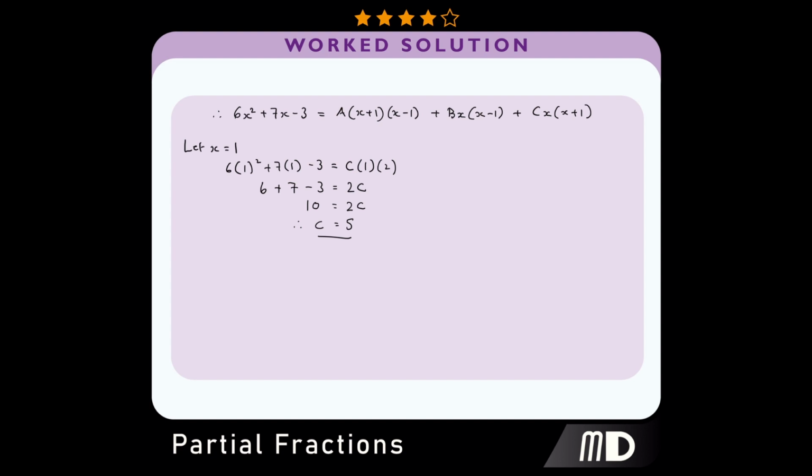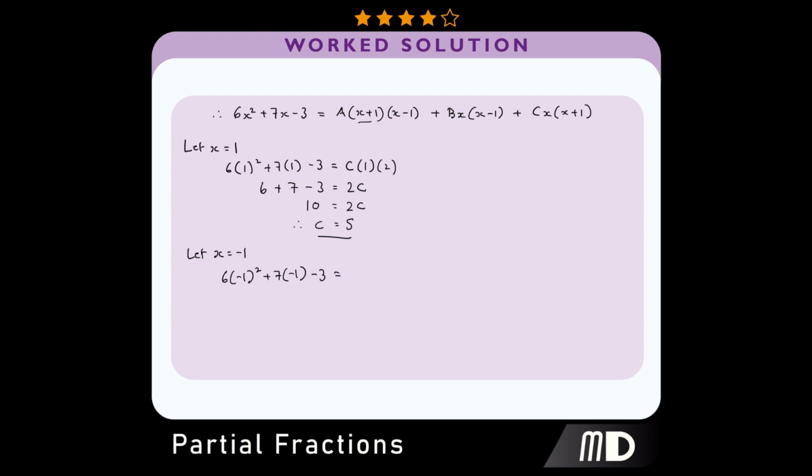Now, we're going to do the same thing again, but we're going to substitute x equals minus 1 into our equation. So on the left-hand side, that gives us 6 multiplied by minus 1 squared plus 7 multiplied by minus 1 minus 3. And just like before, but only this time, where we see an x plus 1, that part of the expression on the right-hand side of our equation will be equal to 0.